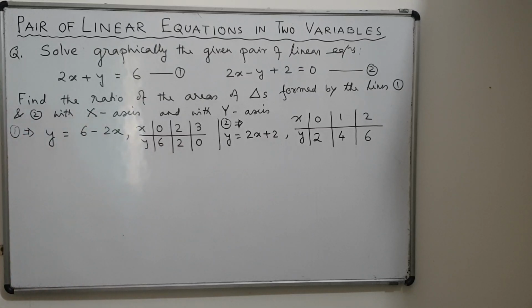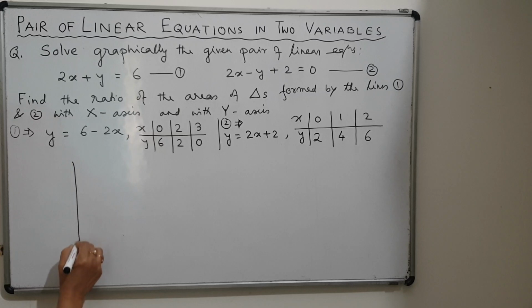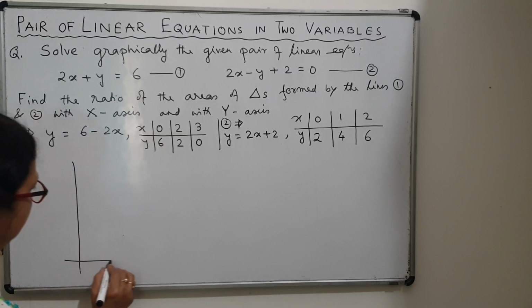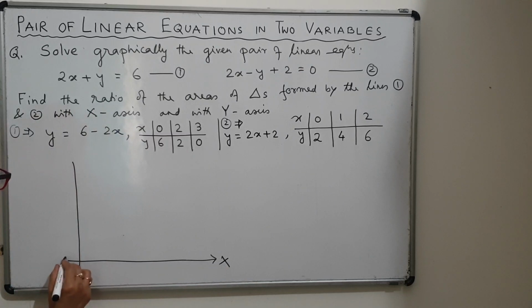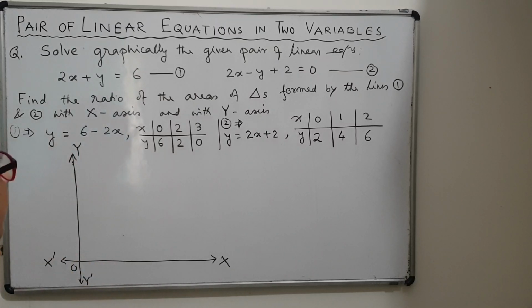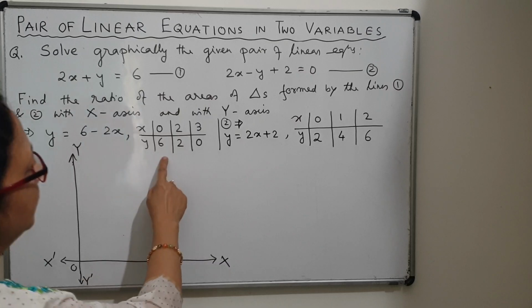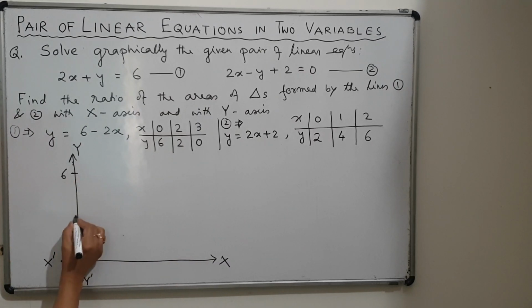So let me plot the graphs. X-axis 0. Let me plot the first. Let me take this point to be 6. So it will be 3 here.